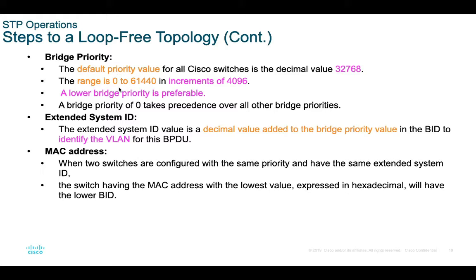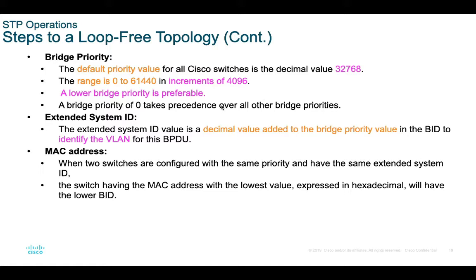A bridge priority of 0 takes precedence over all other bridges. So if we would like to make one switch the root bridge, we can set it to 0. No other switch will take over, because the default is 32,768. But we can always decrease by 4096, which means you take 32,768 minus 4096 and put that value into one switch, so that switch will become the root bridge.